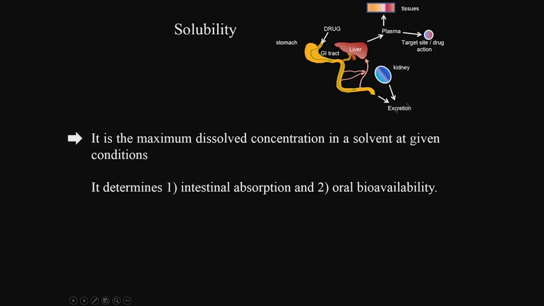So, what is the definition of solubility? It is the maximum dissolved concentration in a solvent at a given condition, that means temperature and so on. So, it determines the intestinal absorption.